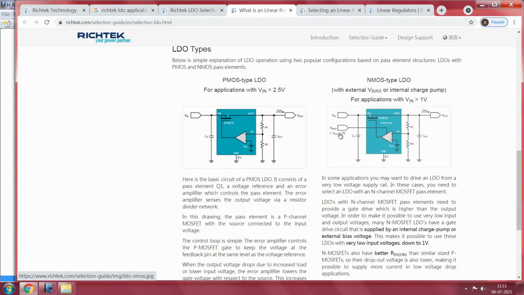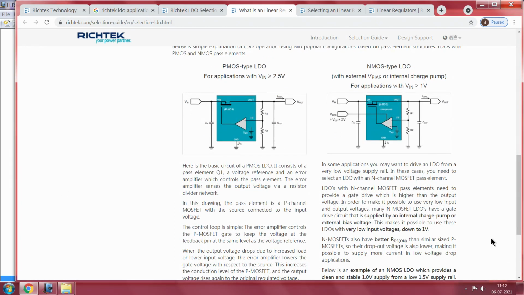Either you put a V bias circuit or a charge pump, one of the two will be required, and that is explained here. N channel MOSFETs need a gate drive which is higher than the output voltage. It is written clearly that you will need a VGS higher than what is given at the output, and therefore, how will you generate that? You need a charge pump.